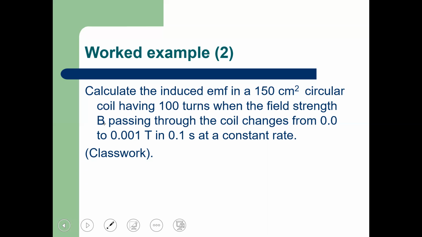So fine, here we have area, number of turns, and initial and final values of B within a certain time. If we know the change that occurs within a specific time, then we can calculate the change.